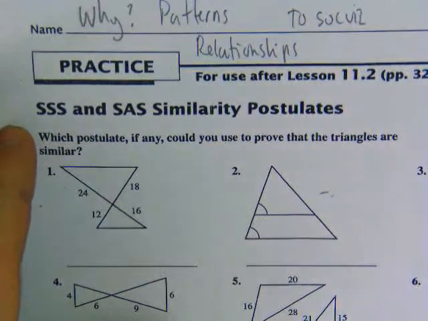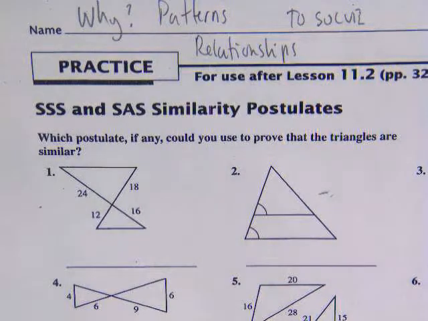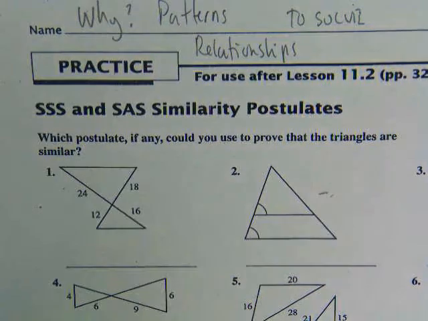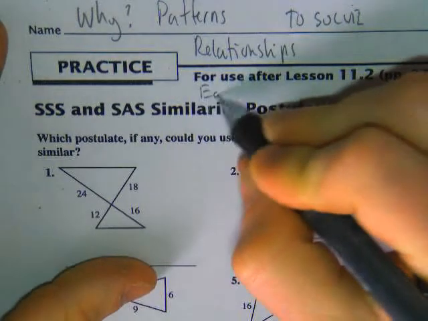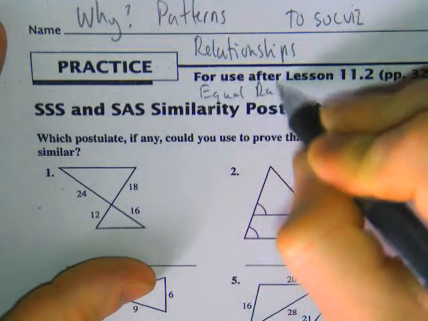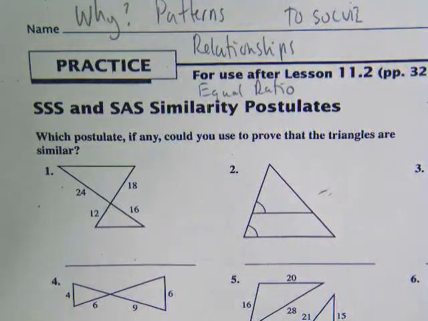Okay, so we've got some more similarity postulates, similar to the congruence postulates, except in this case with similarity we're looking for an equal ratio. Alright, so let's go ahead and dig in.